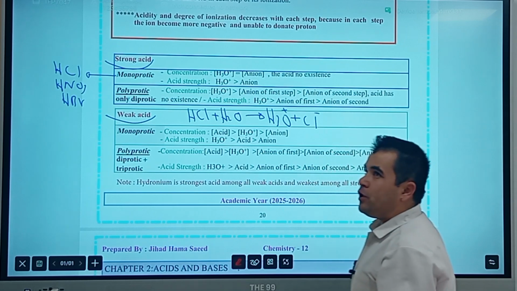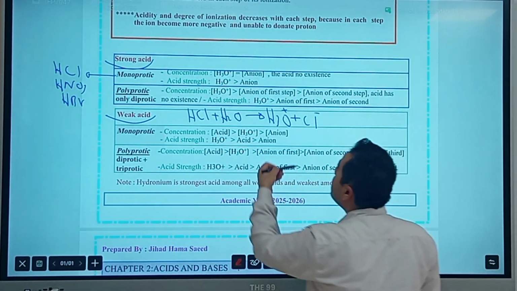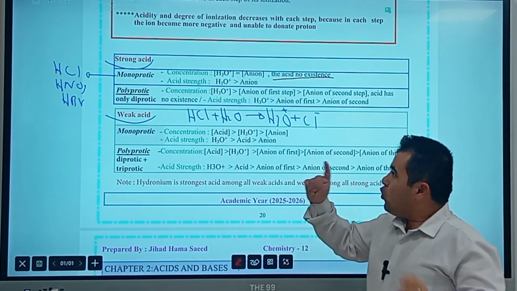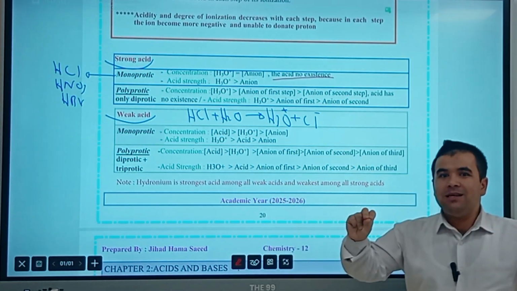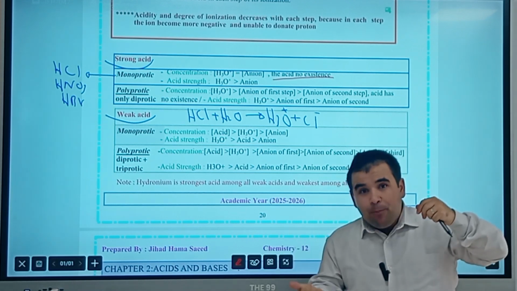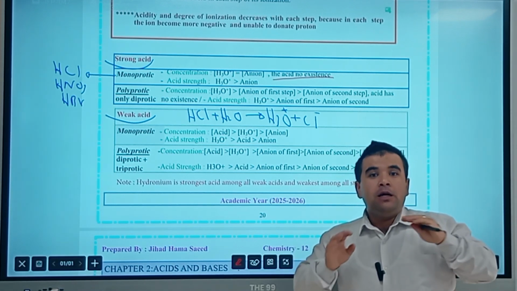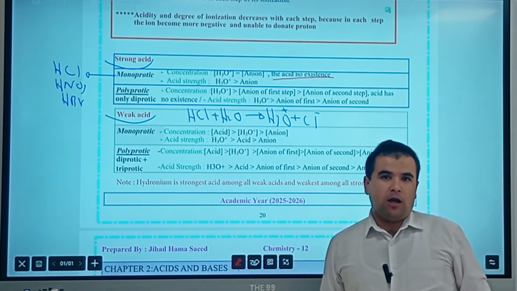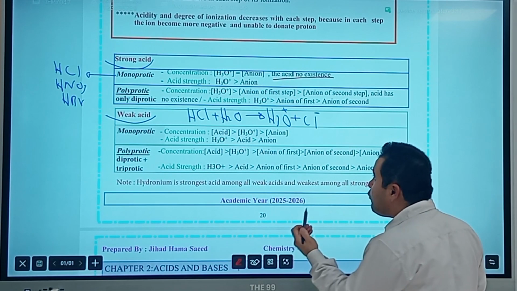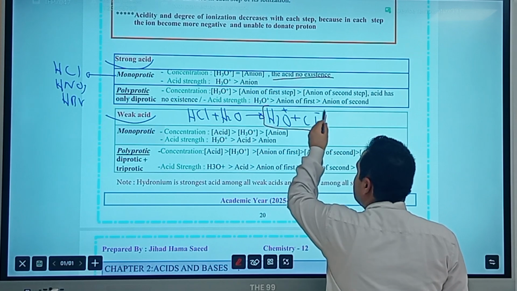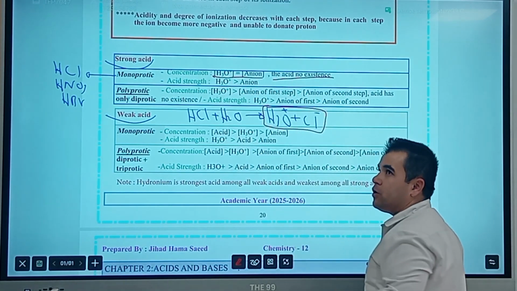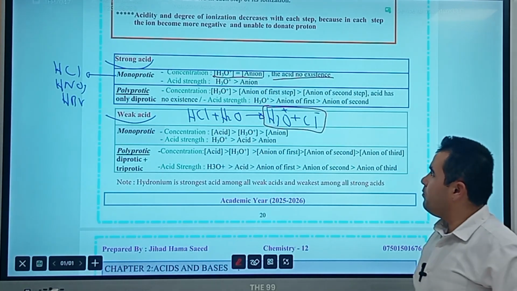In terms of concentration, the acid has no existence. Whenever the acid is strong monoprotic, and also diprotic can be stated like that, it has no existence itself. It completely ionizes to form the ions. And the ions exist equally, so the concentration of hydronium equals the concentration of the anion.